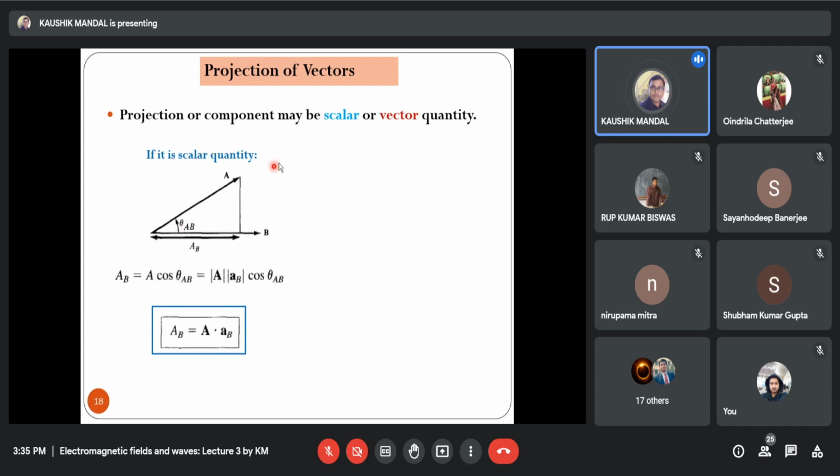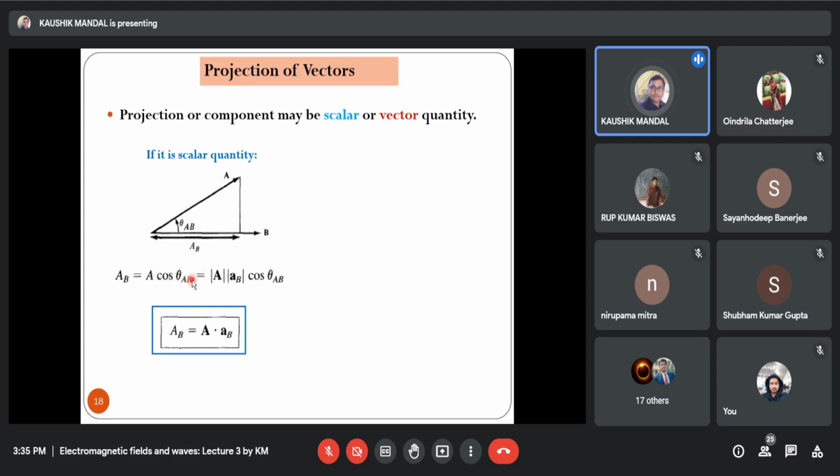So if it is a scalar quantity, say this is a vector A, the projection of this vector A on another vector B, that is this part only, is represented by A_B. So what will be A_B? We can write A_B equal to A cos theta, where A is the magnitude.